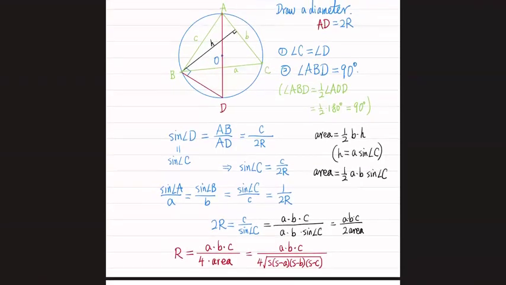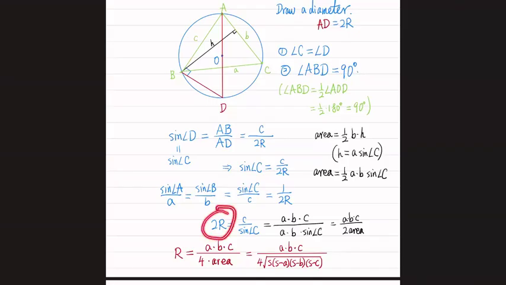Okay, any question about this procedure? The formula for the circumradius. Is it going to be in the homework? This is in the previous homework. It's the last one, number 3, I think. Wait, if 2r equals ABC over 2 area, then why is R over 4 area?